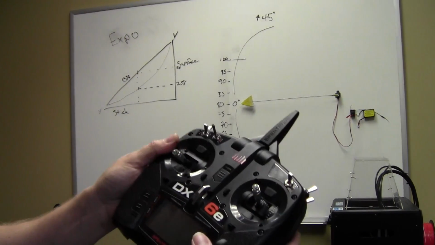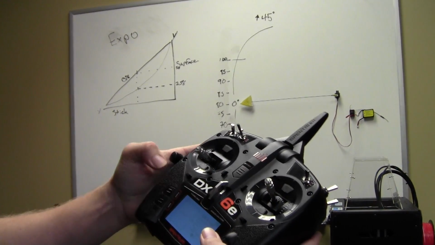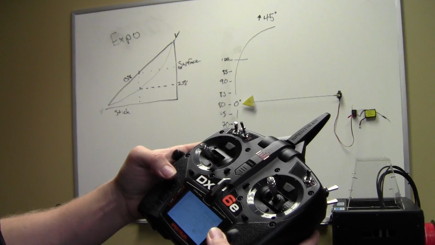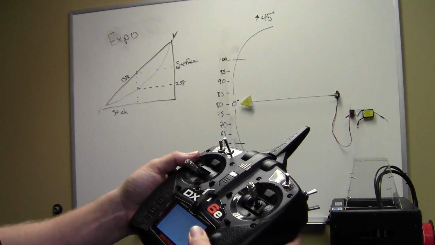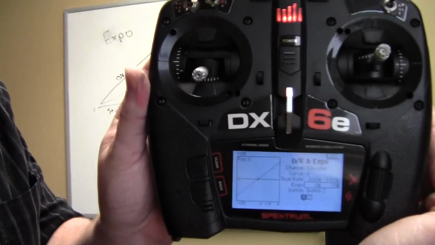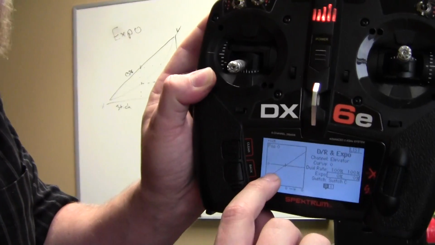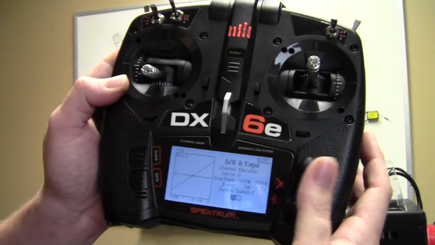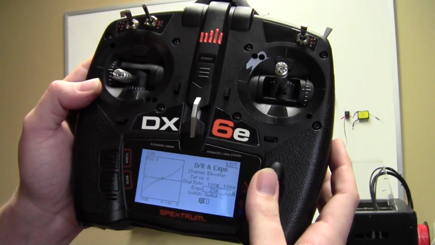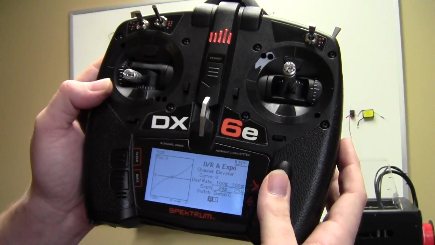Let's go back to high rate. Let's go to full travel. Make it a little bit easier to see. Clear that. So we're at 0% expo, and it even gives us that little single graph, kind of like what I drew there. So let's say we're going to go to 25% expo.